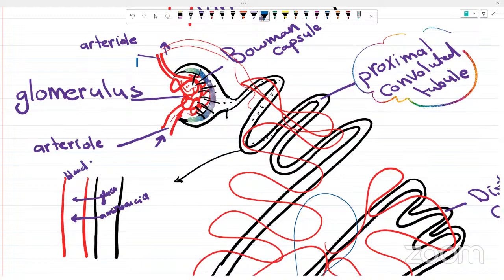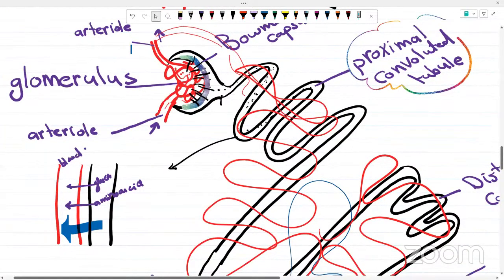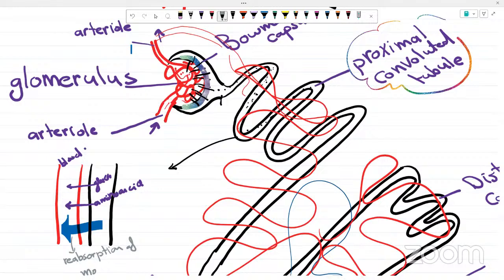So definitely this selective reabsorption, which is an active process, will be followed by reabsorption of most of the water here, and some of the urea also. 60% of urea is reabsorbed back. You understand? Is it clear?